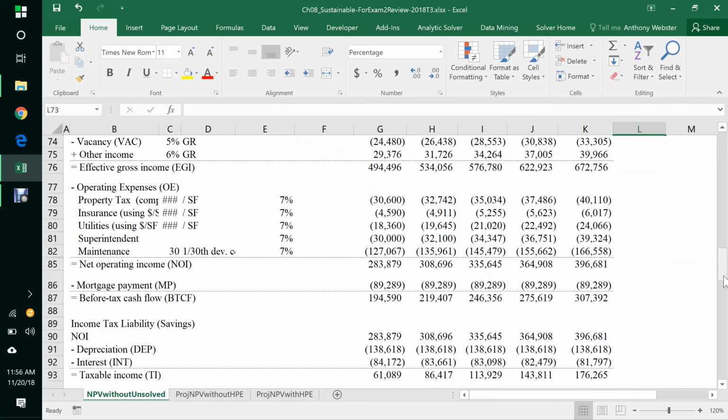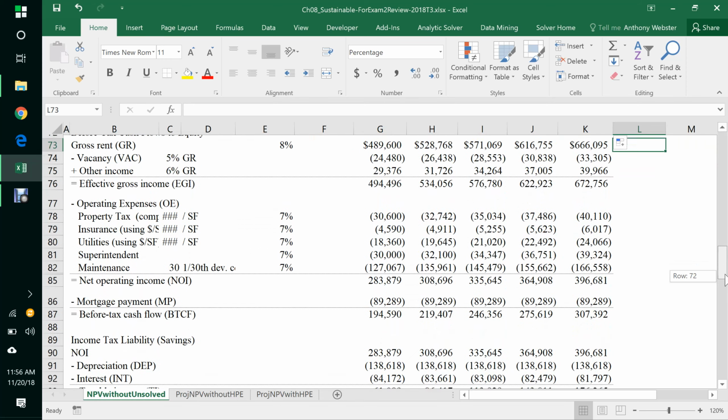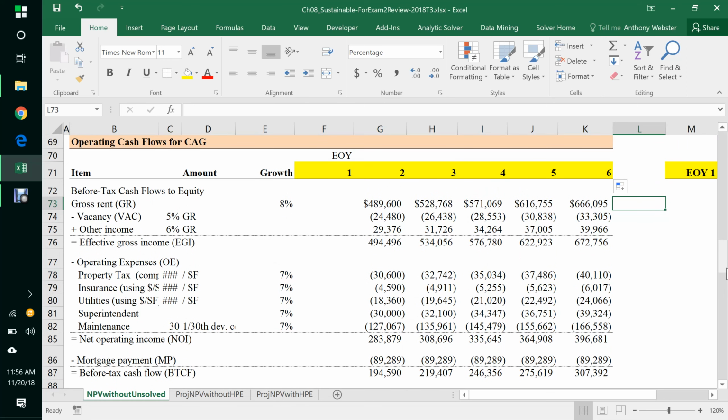Okay, so we got that, and we're going out to 6 years, which is right, because the problem statement says they operate it for 5 years. So they're operating it for years 2, 3, 4, 5, 6.